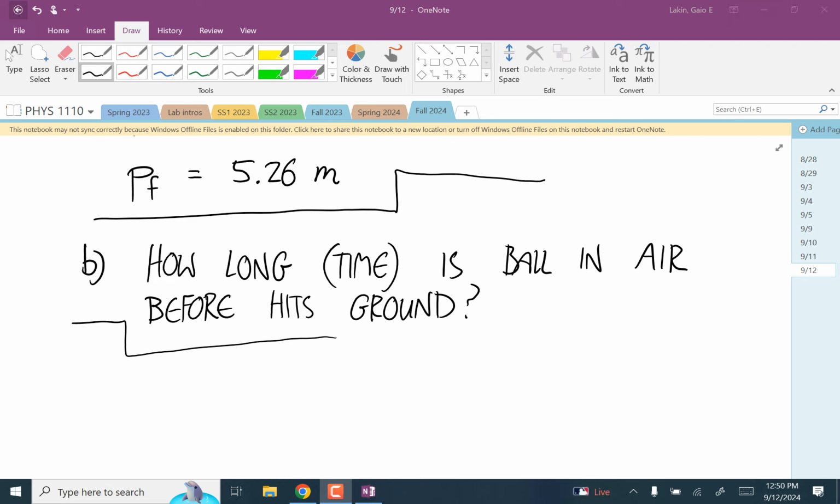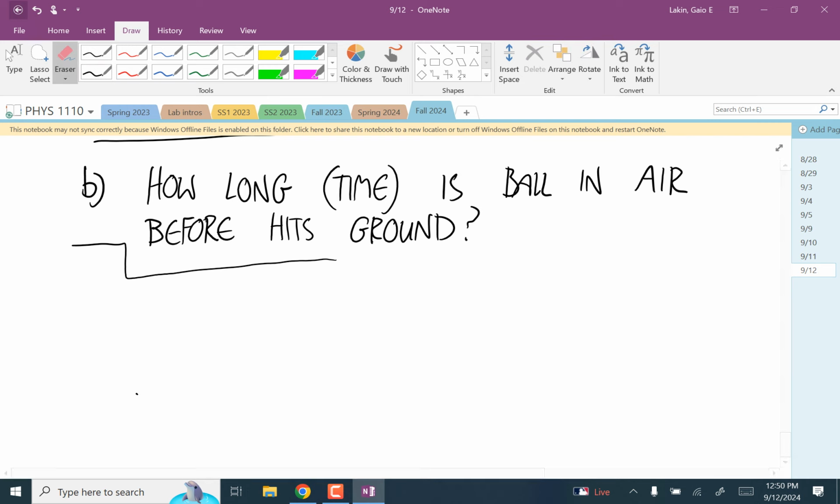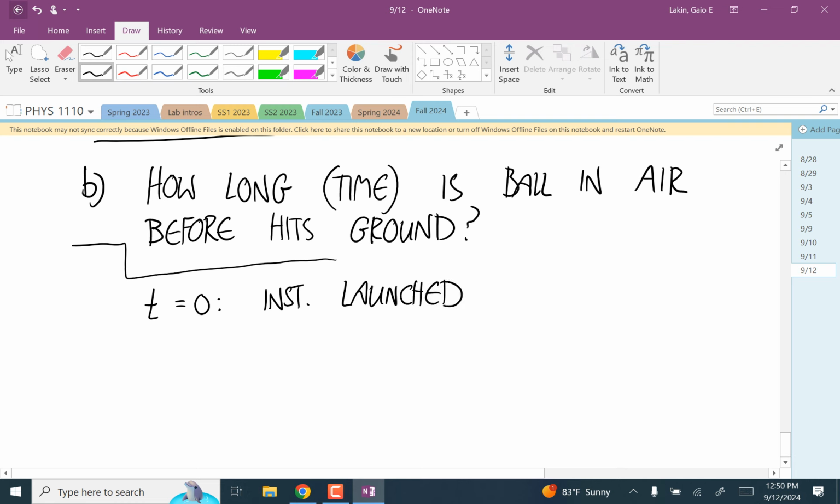Okay, let me do this one. So this time, like I said, we have to choose a different time equals 0 or a time final. We can keep the same time equals 0, so I guess I'll still have this the instant that it's launched. We want to find the elapsed time from the instant that it's launched, so if you chose a different time 0, it would sort of complicate things.